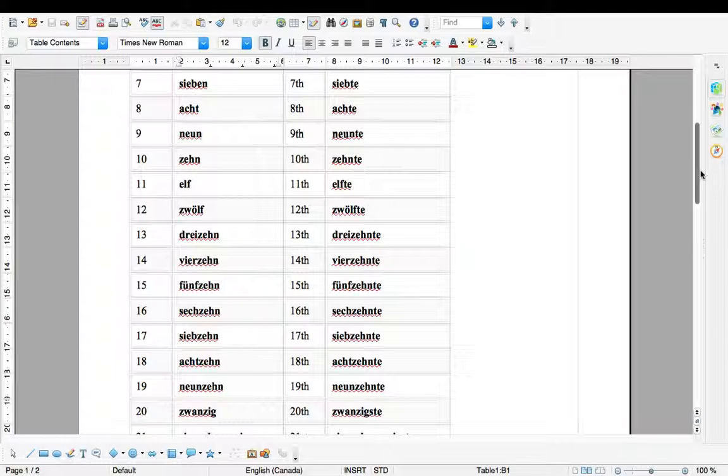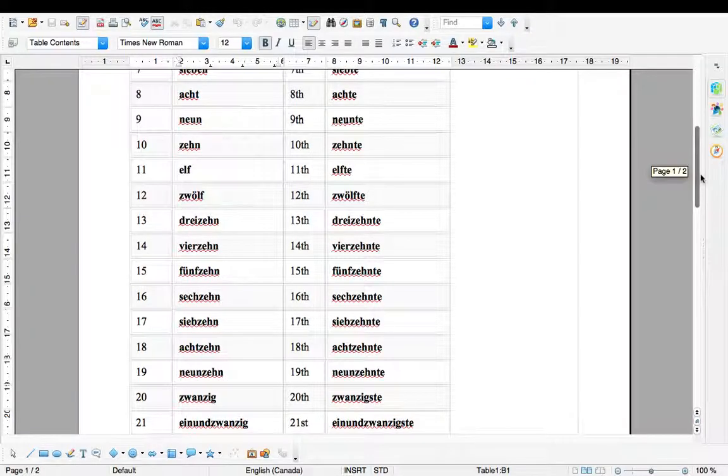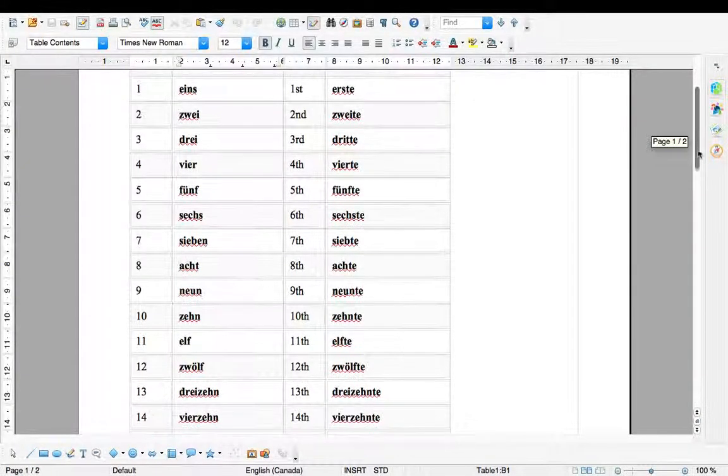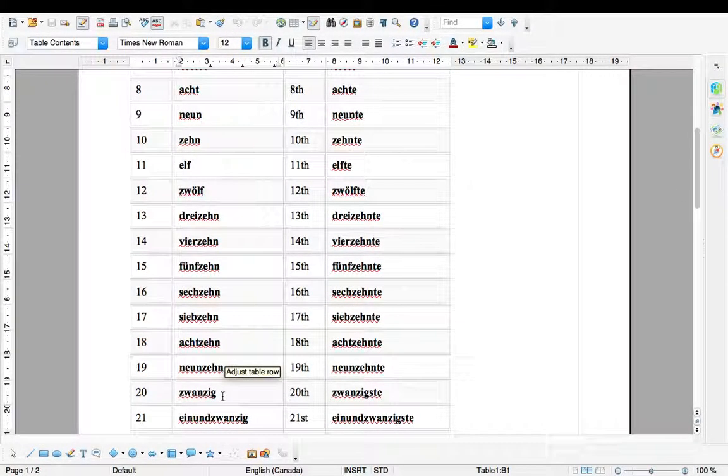21 onwards, again it becomes super easy. It is 1 and 20. Und stands for and. Ein und 20.